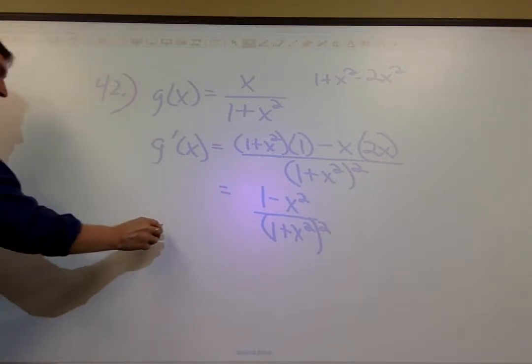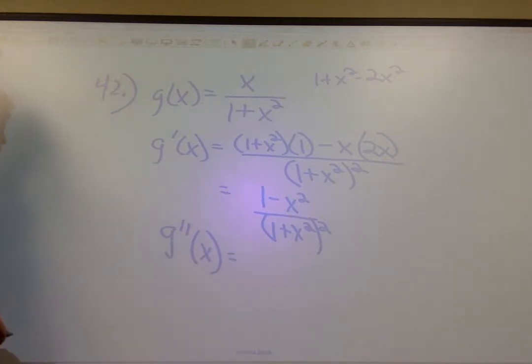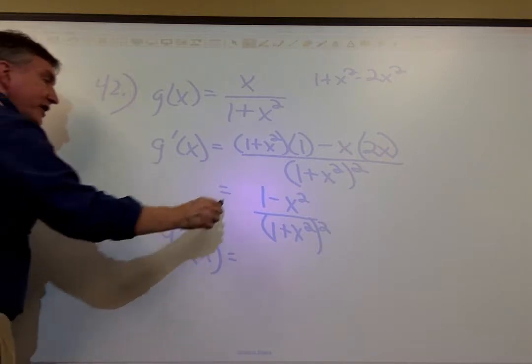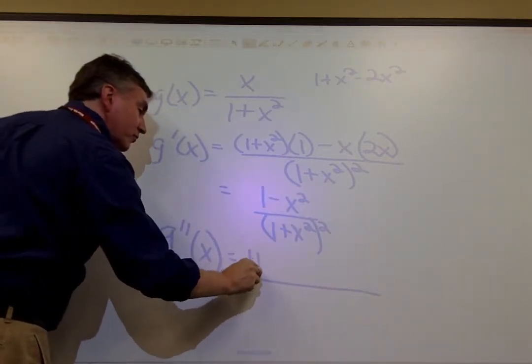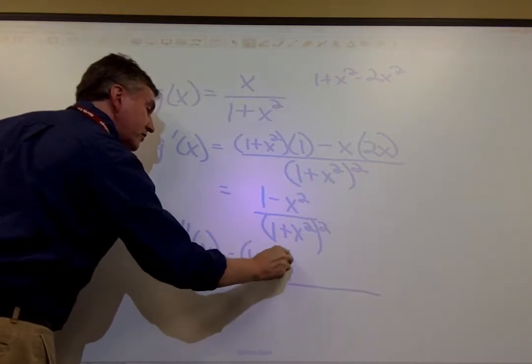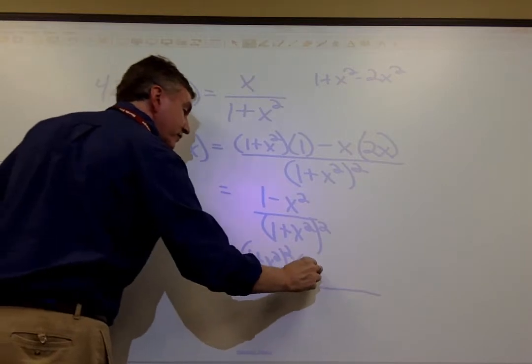Unfortunately, what do we have to do? We have to do that again, the second derivative. That was the first derivative. Now let's take the derivative again. I've got the denominator squared. What's the derivative of the numerator? Yes.